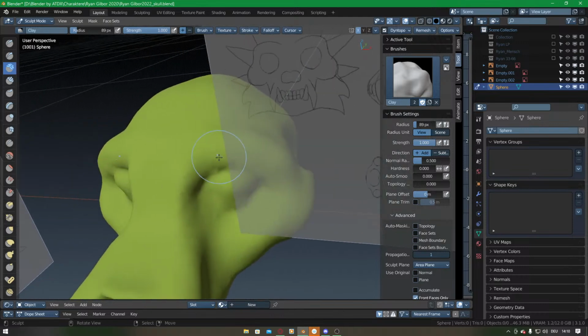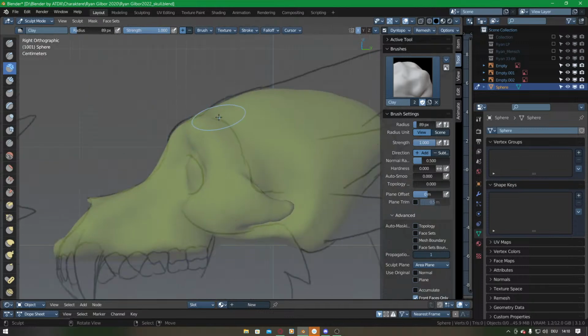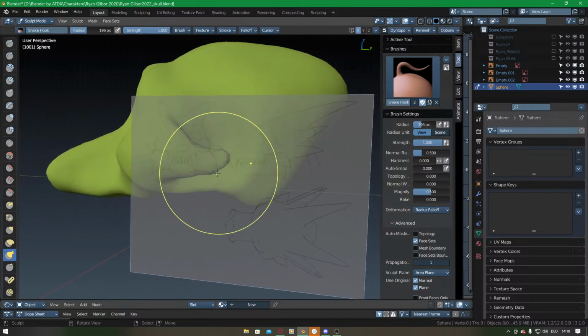So he's got some humps over the eyes, yeah, like that, just like prehistoric humans have.